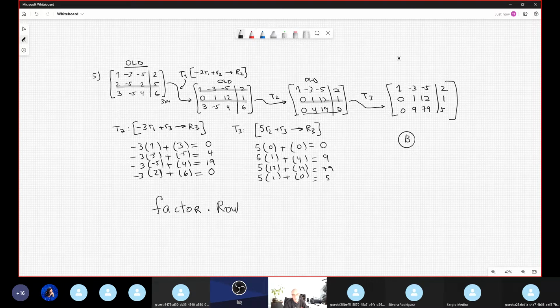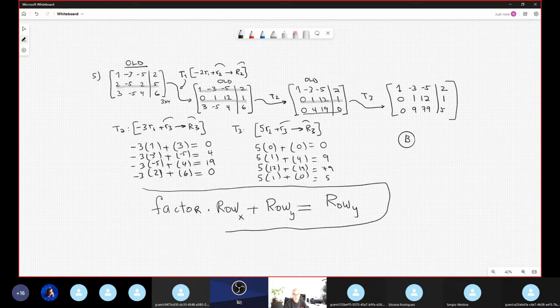Remember, row something plus another row: something times row y, and the result is stored in the new row y, for example. Okay, this is a typical general equation for the row operation.